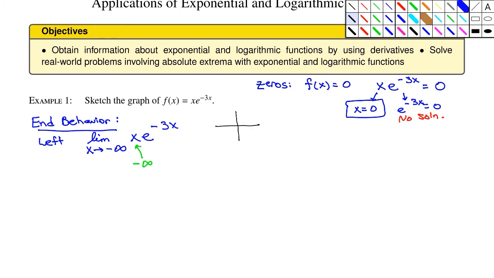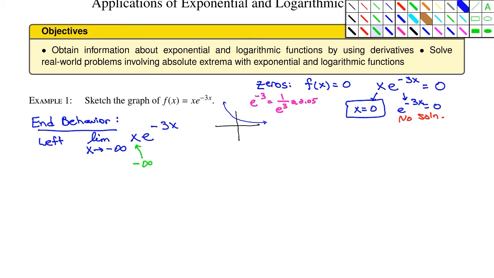This is an exponential graph that looks like this. You may be asking, why is it the decreasing graph and not the increasing graph? It's because the base is technically e to the negative 3, which is 1 over e cubed, which is approximately 0.05. Either way, we know that it's less than 1 and still positive, so it is the decreasing graph.